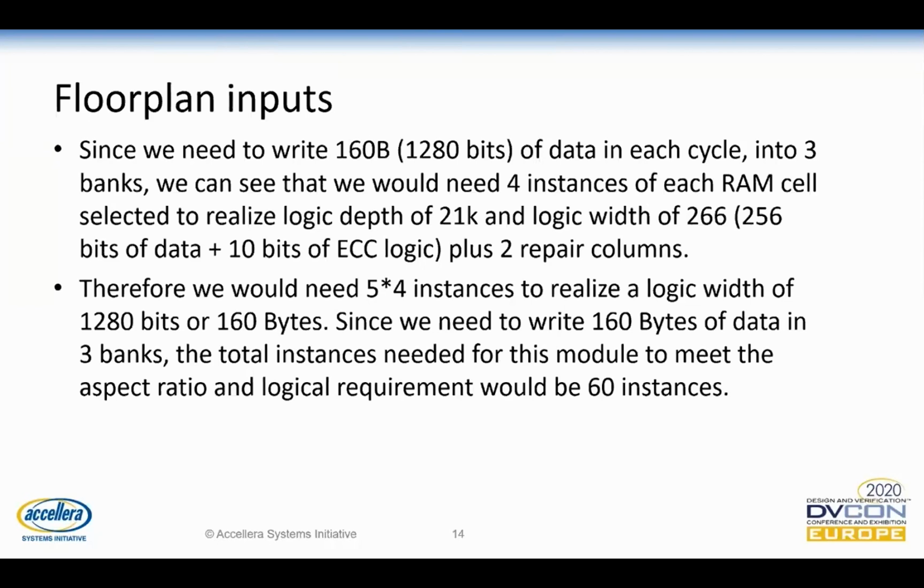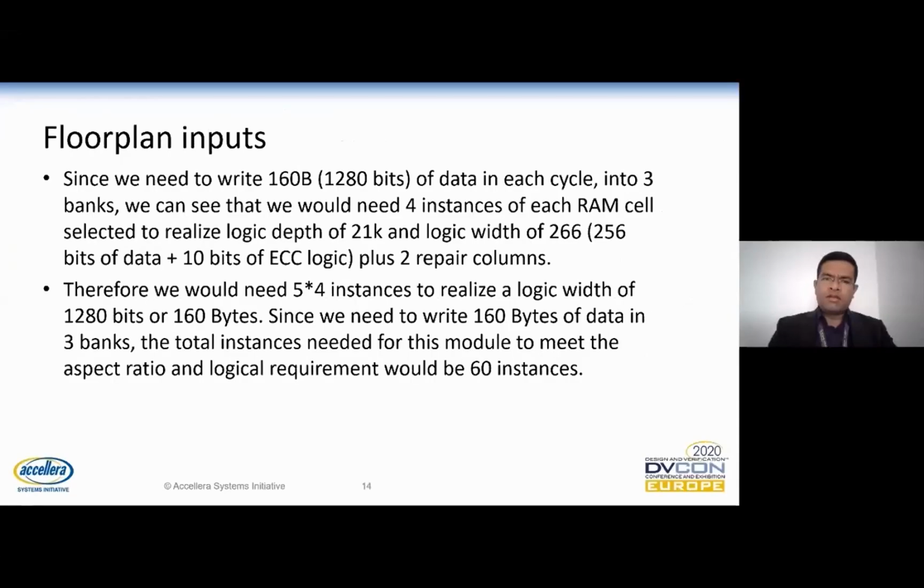Therefore, we would need 5 into 4 instances to realize a logic width of 1280 bits or 160 bytes. Since we need to write 160 bytes of data in 3 banks, the total instances needed for this module to meet the aspect ratio and logical requirement would be 60 instances. Now that's the mathematics usually we physical design engineers do before floor planning.